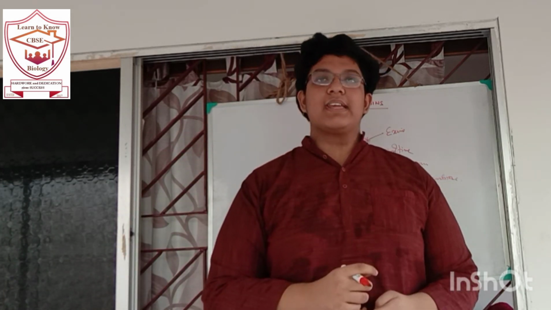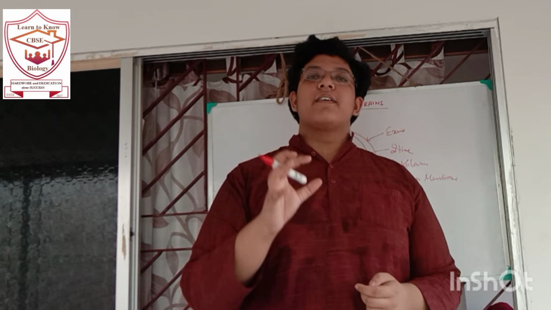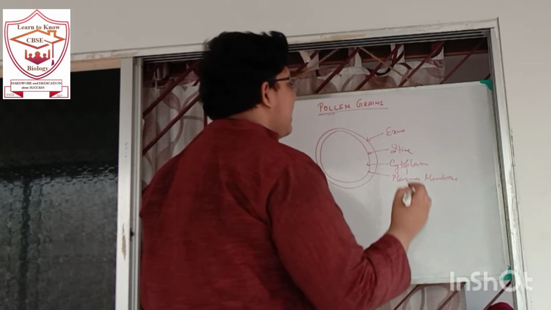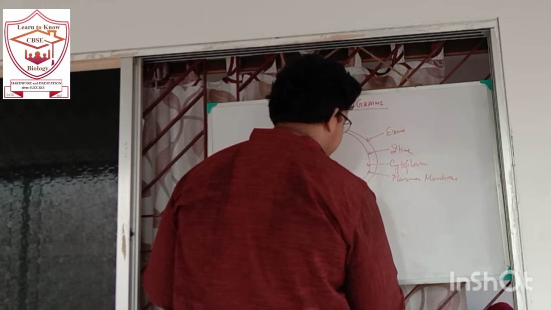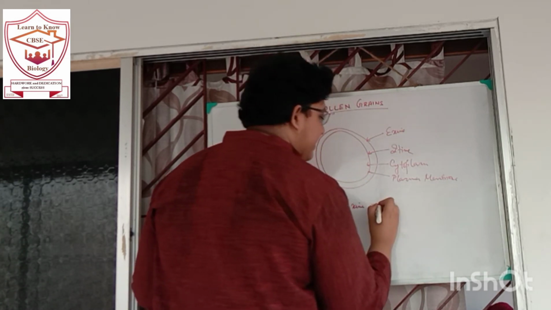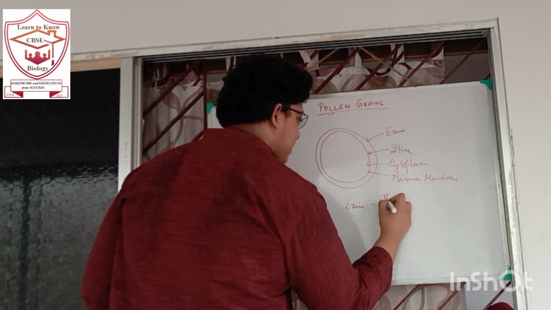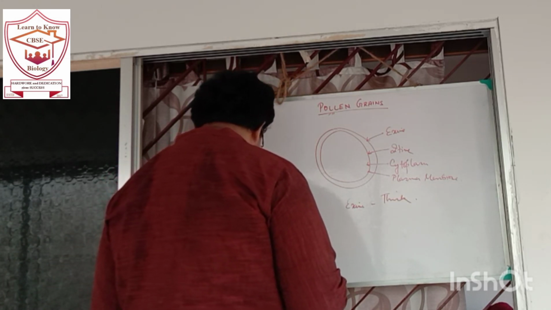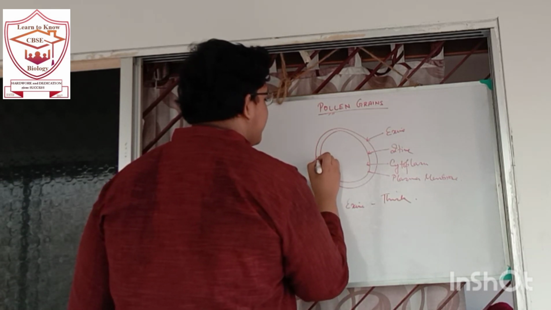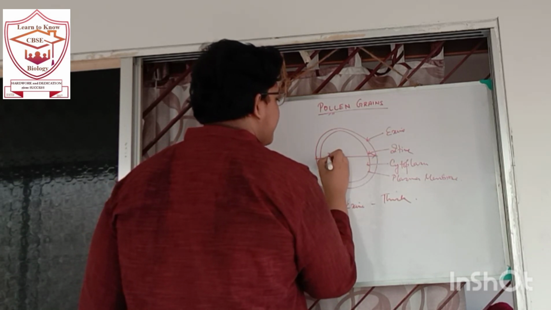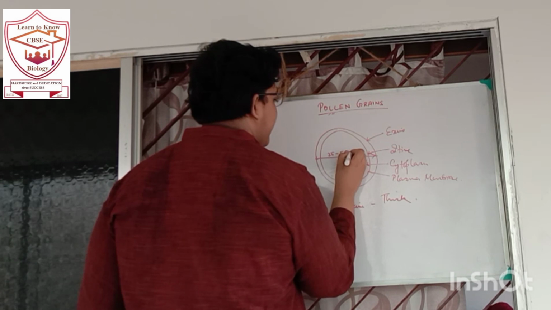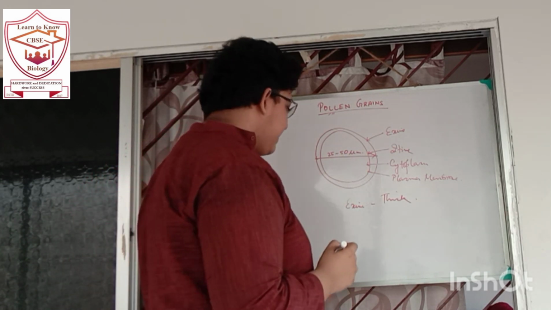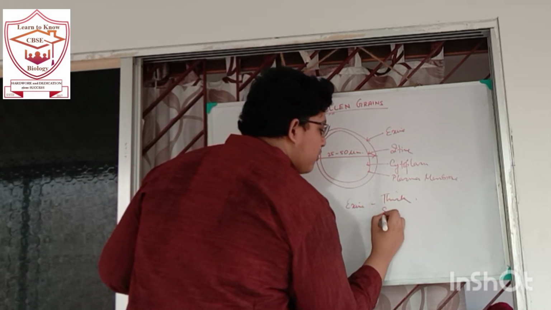First is exine. It is the thick layer, and its diameter is about 25 to 50 micrometer. It is composed of sporopollenin.